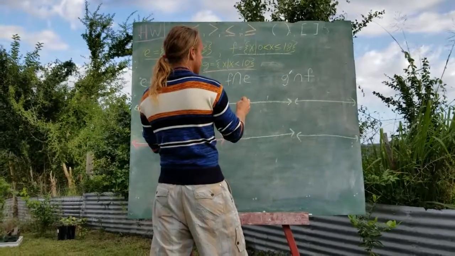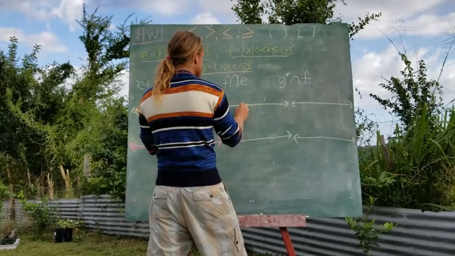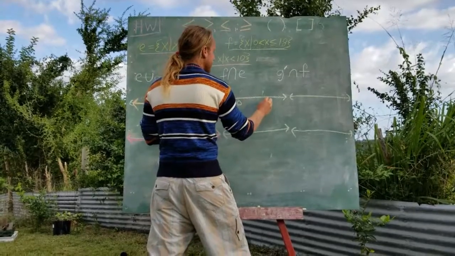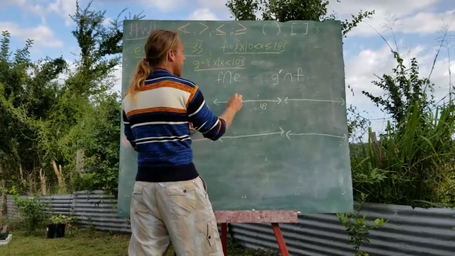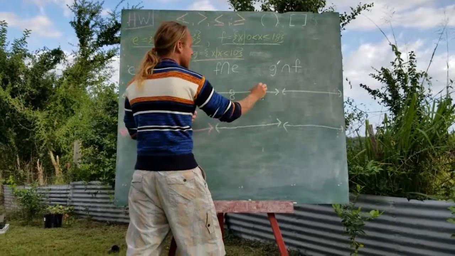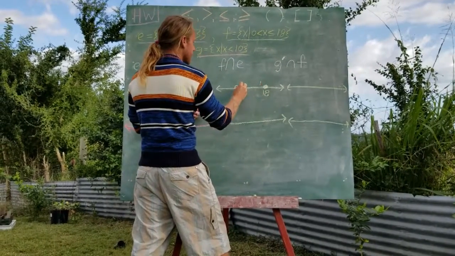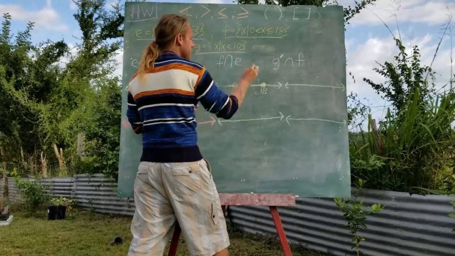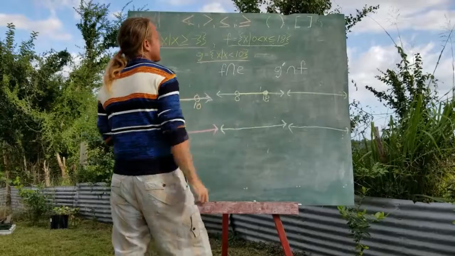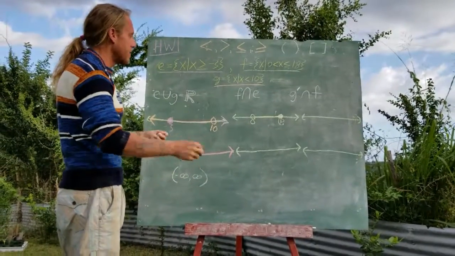So if this is 0, and if this is 18, set F describes all of the points in between, including 18 because it's less than or equal to, but not including 0 because it is less than. X is greater than 0, not equal to 0.